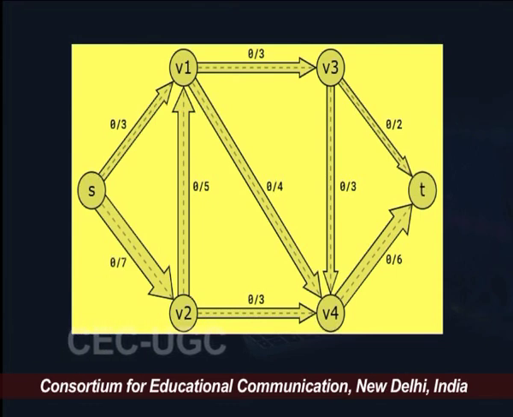As far as V2 to V1, the maximum flow which can be pushed is 5. Then from S to V2, the maximum flow which can be pushed is 7. So these two numbers indicate, one is the current flow, which is the capacity utilized, and after the slash, the number indicated is the maximum flow, nothing but the capacity. So this is how we are going to read this flow network.